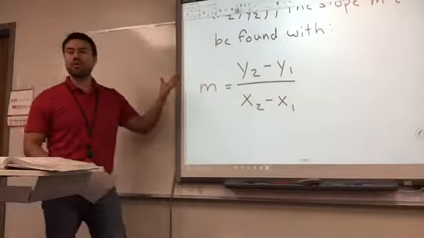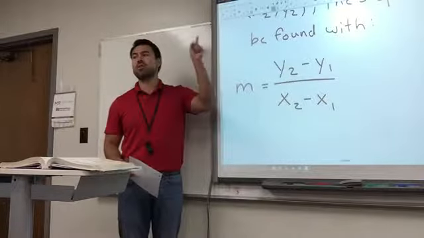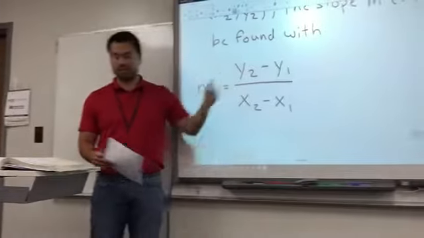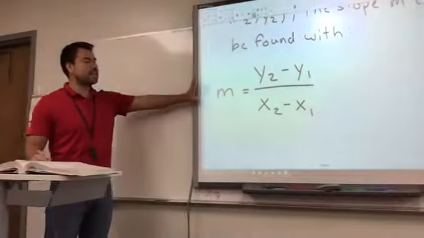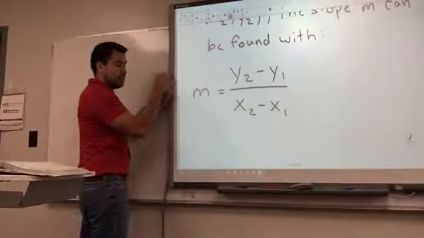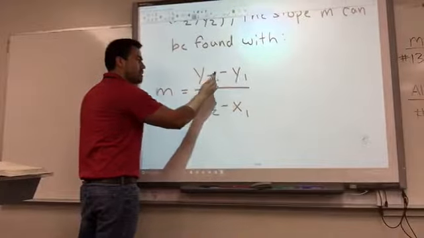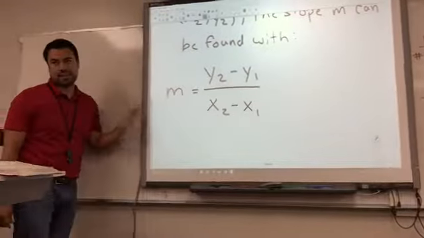Okay, this little formula right here is critical for this morning. It's also going to be critical this afternoon, because we're going to go over this again in a different lesson. I want us to understand that this is a formula. It is an equation. What does m always stand for in this chapter? Slope. And then what's going to be tough is y sub 2, y sub 1, x sub 2, x sub 1, and then subtracting.